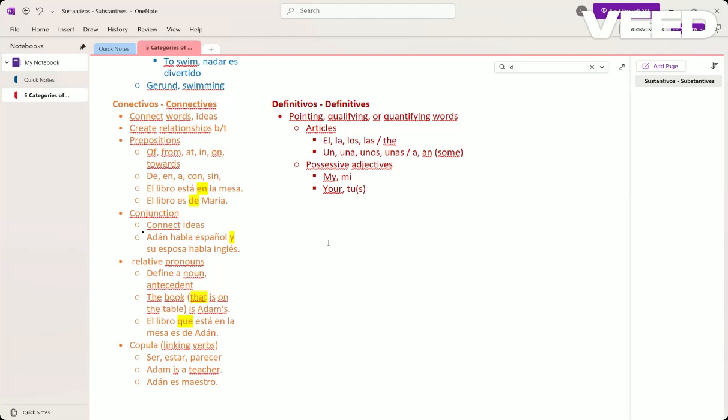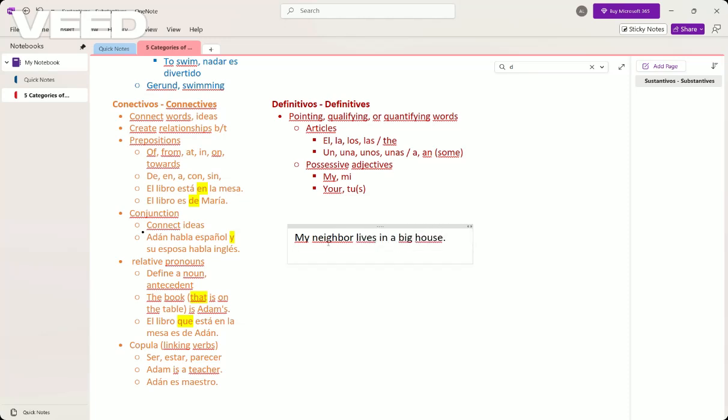So if I say, my neighbor lives in a big house, mi vecino vive en una casa grande. All right, let's talk about the substantives. Those are the most important thing because those are who or what we're talking about.